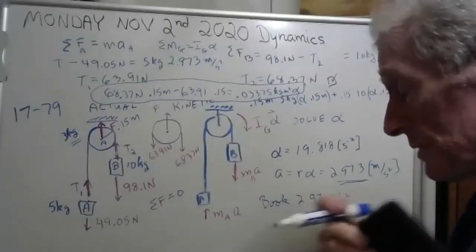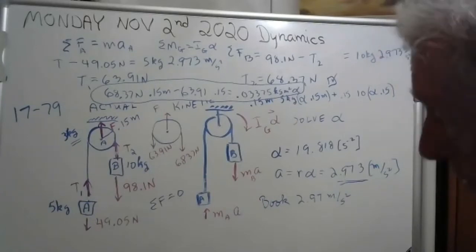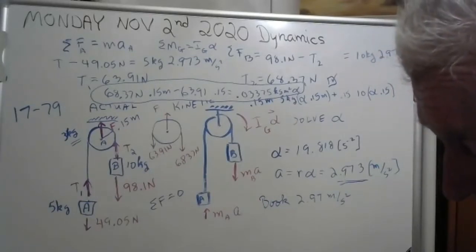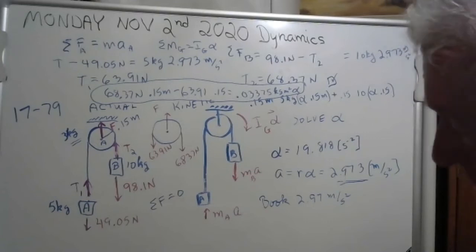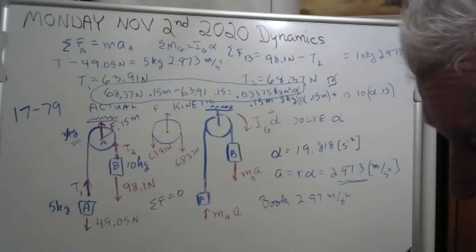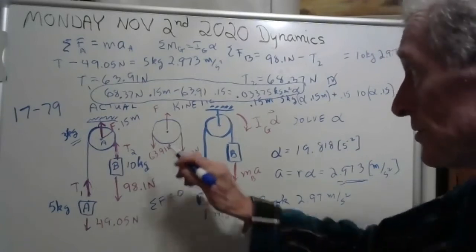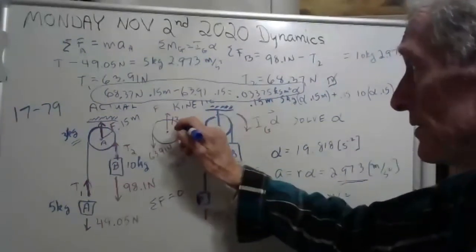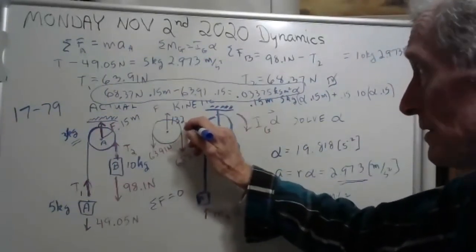What's 63.91 plus 68.37? It's 132.3, rounded off.